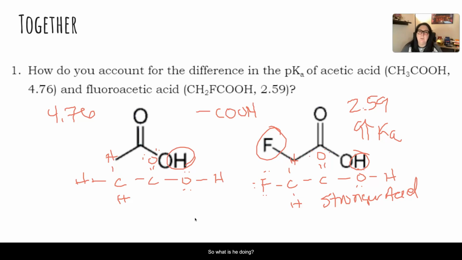So what is he doing? Well, fluorine's very electronegative, right? So he's pulling all the electrons towards him. And when he pulls the electrons toward him, it weakens this OH bond. This OH bond will be weakened.